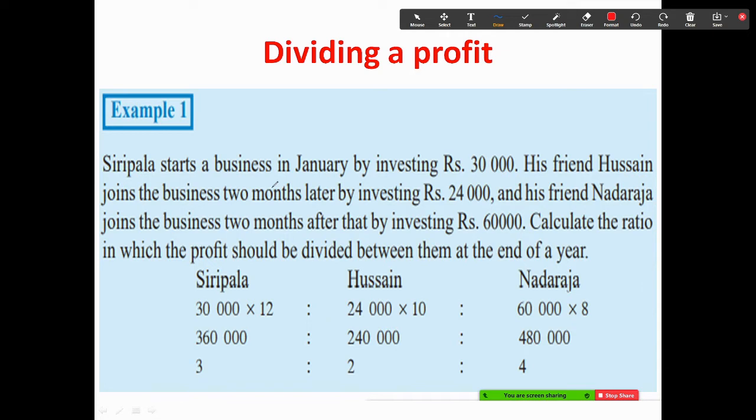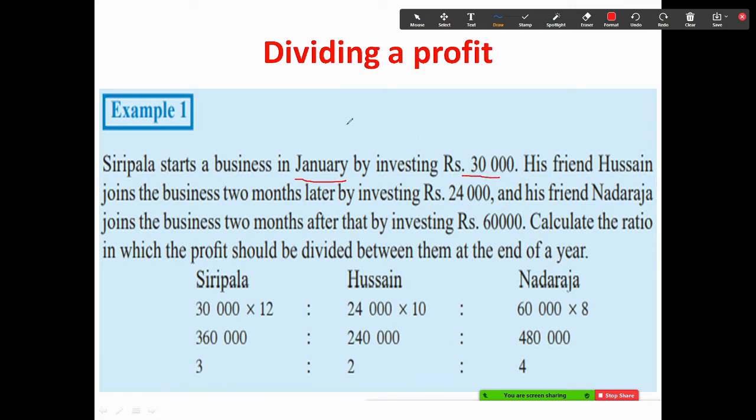I will read that again. Siripala starts a business in January. In January means all the 12 months are there. His amount of investment is 30,000.